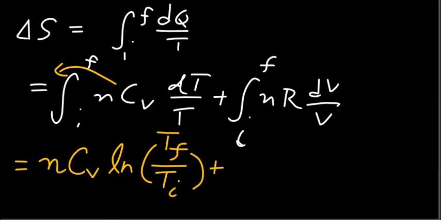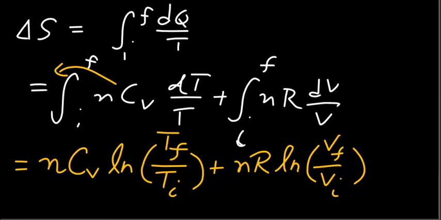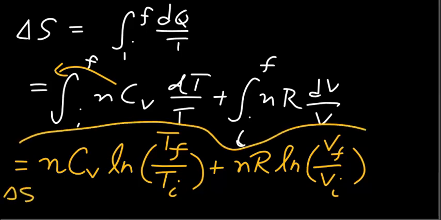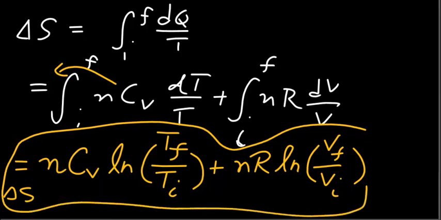Likewise, in the second integral, you can take the number of moles and the universal gas constant R out of the integral sign. Integrating 1 over V with respect to V, you get the natural log of V, substituting the limits, the final volume over the initial volume. So this represents the expression for the change in entropy for an expanding gas.